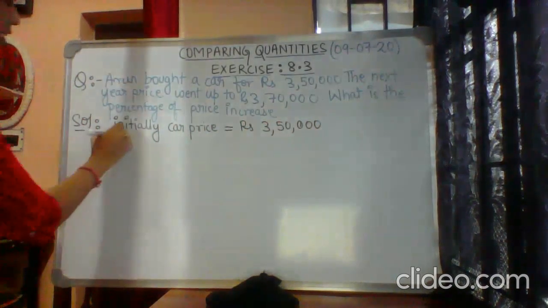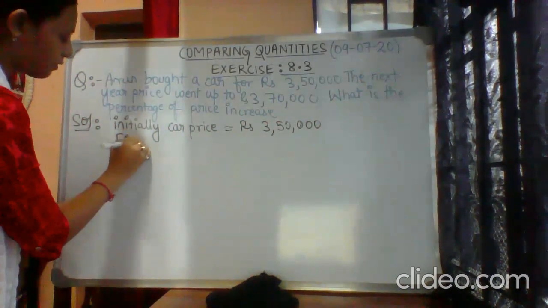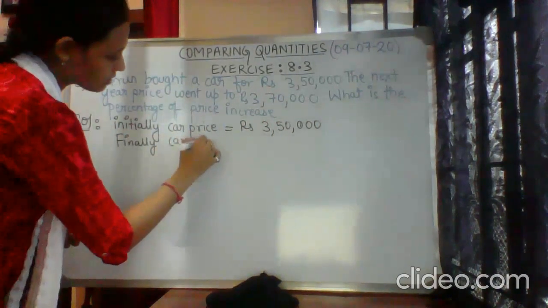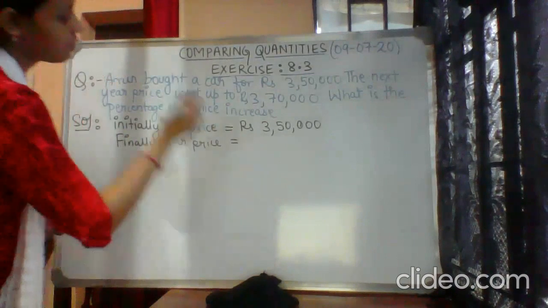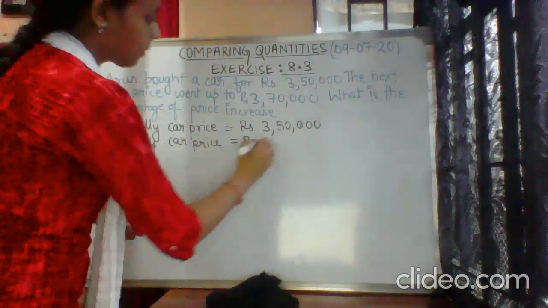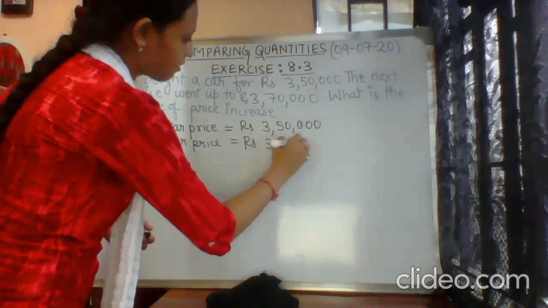Next year, that is finally, car price equals how much? It increased by some amount and it is 3,70,000.